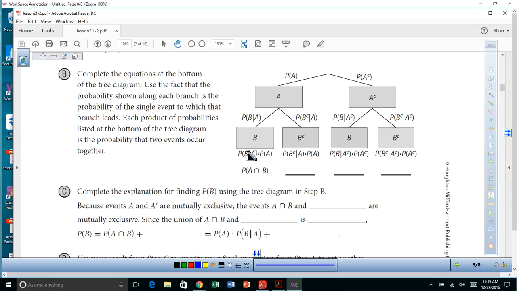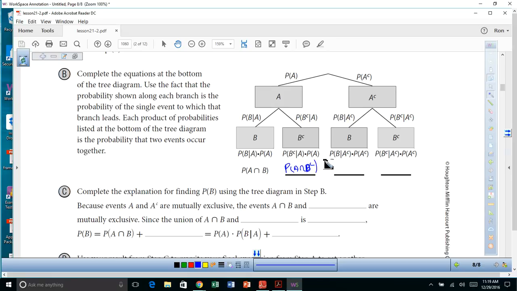Well, probability of B given A times the probability of A equals the probability of A intersection B. All right, probability of A times the probability of B complement given A will equal the probability of A intersection B complement. Okay. So now we have probability of A complement times the probability of B given A complement.